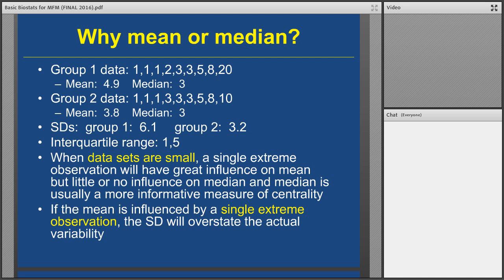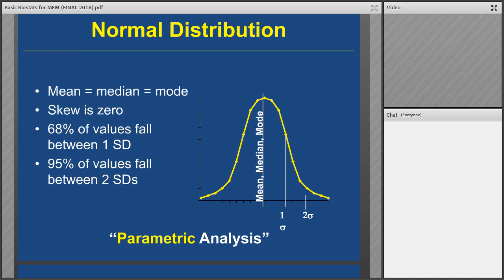So we don't use standard deviation in those cases. It's better to express it in range. So when we have skew, or when we have something that's dispersed in a non-normally distributed way, because the standard deviation can be so affected by one or two outliers in a small data set, we tend to use median and a range.